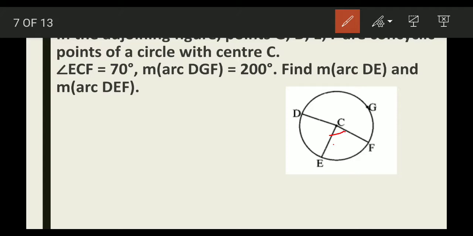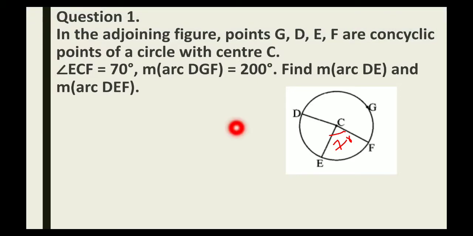This angle is how much? 70 degrees. Arc DGF, where is arc DGF? That is the major arc, how much? 200 degrees. I have to find the measure of arc DE.